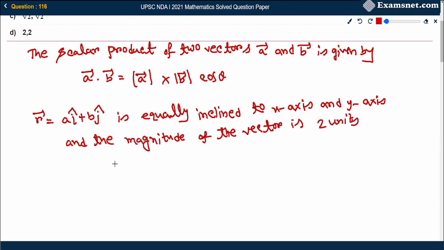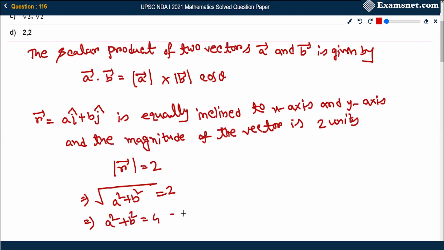So magnitude can be written as mod of R. Mod of R equals root under a square plus b square equals 2. So we can write a square plus b square equals 4. Let's name it equation number 1.